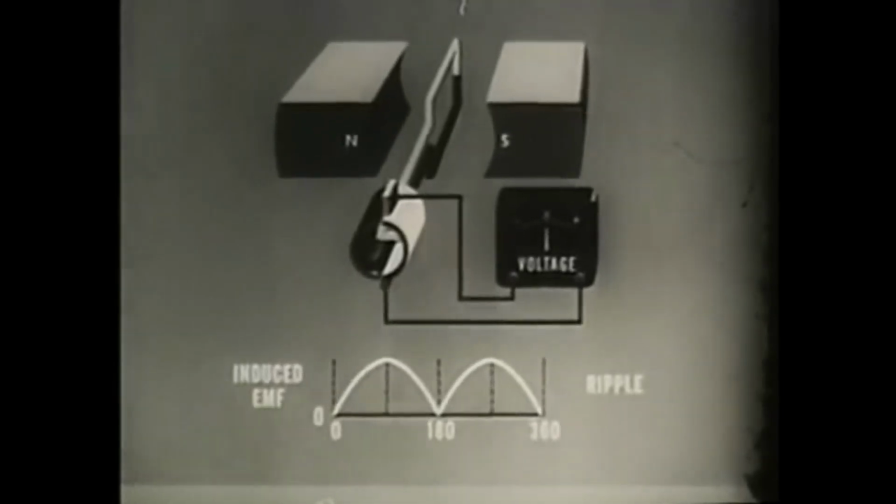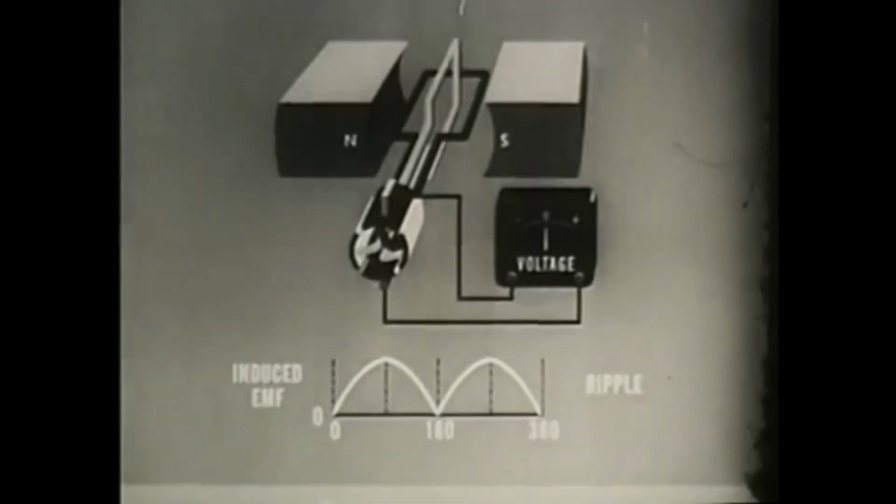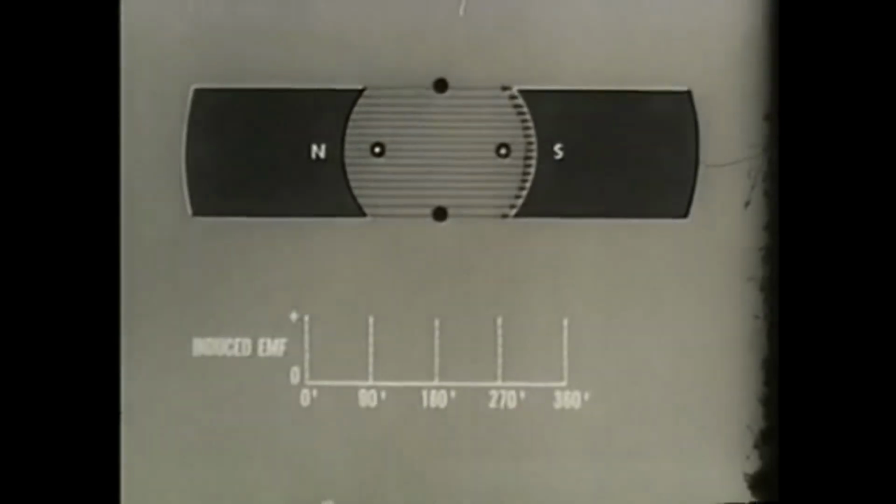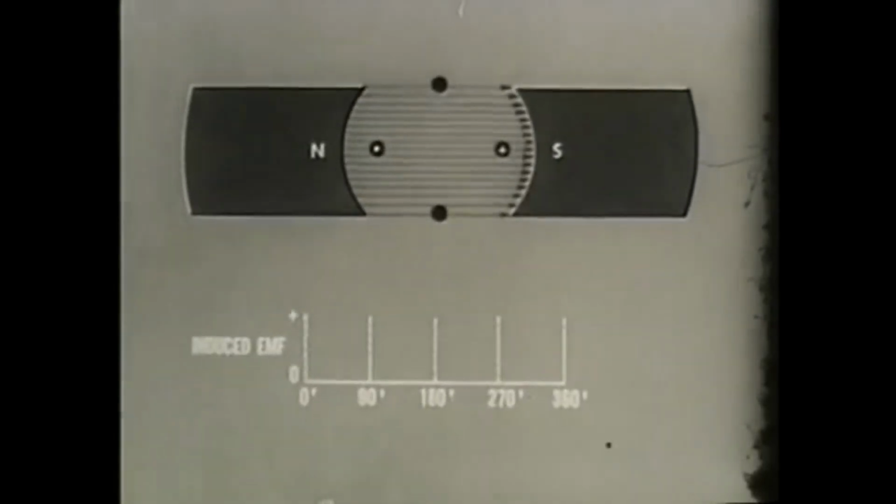This ripple can be reduced by adding more loops and more commutator segments to the existing armature. 2 loops at right angles connected to 4 commutator segments provide 2 outputs instead of 1. These outputs are 90 degrees displaced or apart, which combine to smooth the DC output.